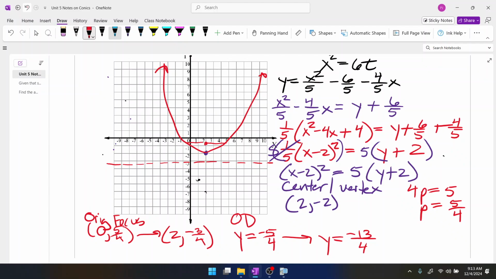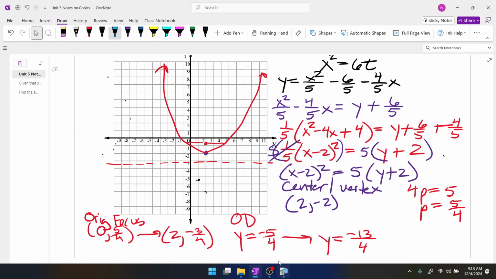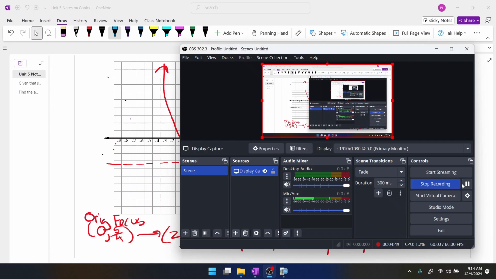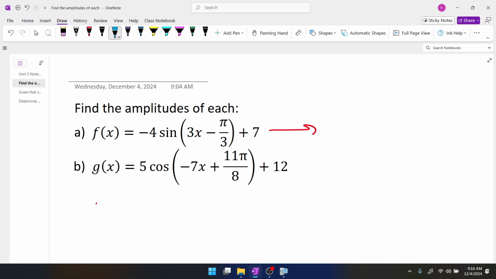All right, so with that said, though, my finger went on the button a little too soon. What's the amplitude of this first one? It's just 4.